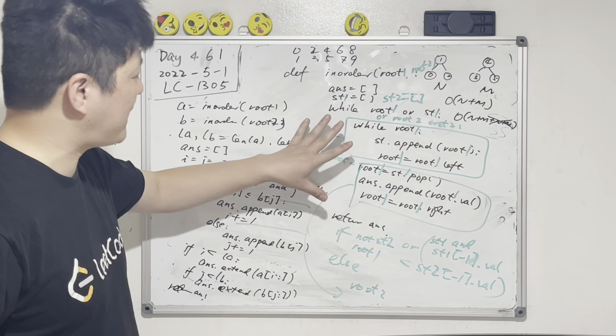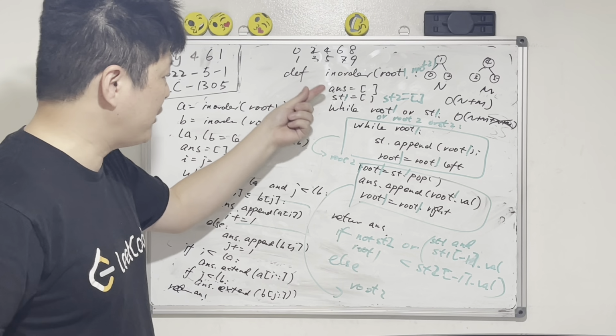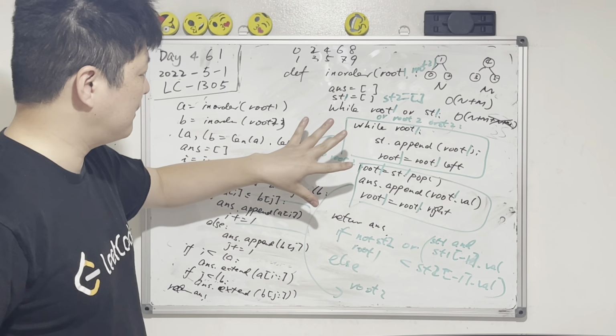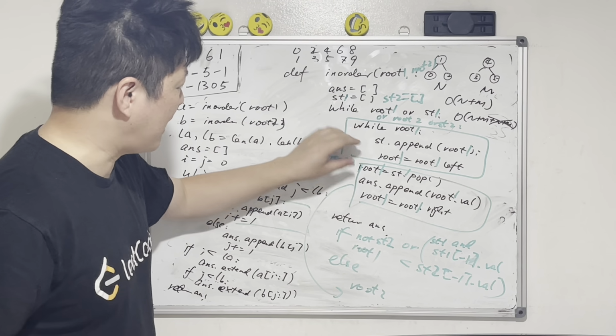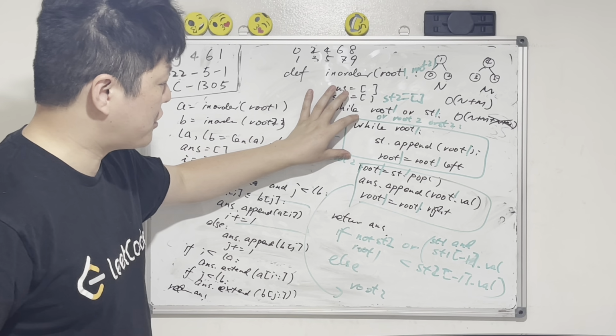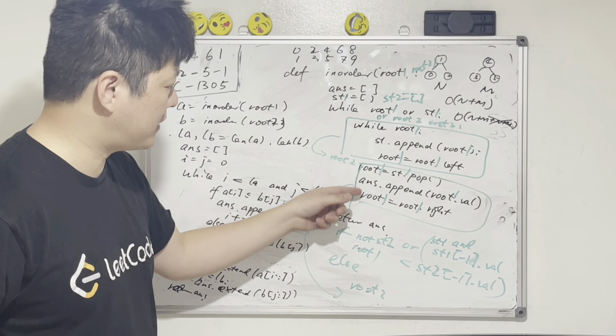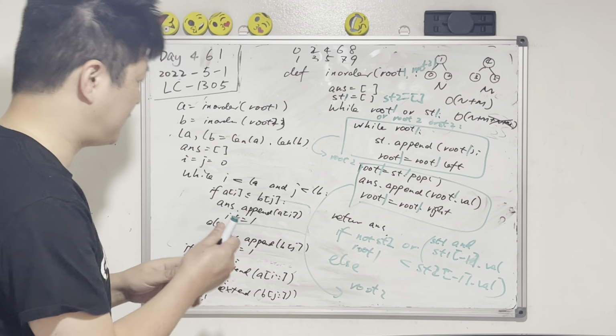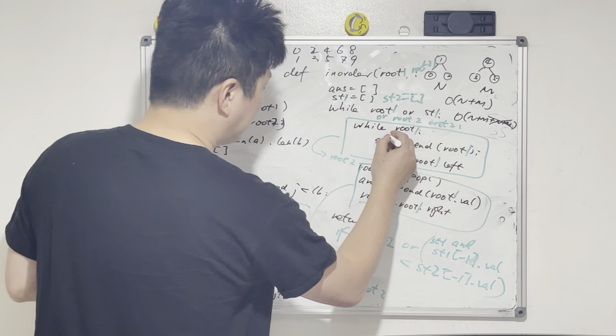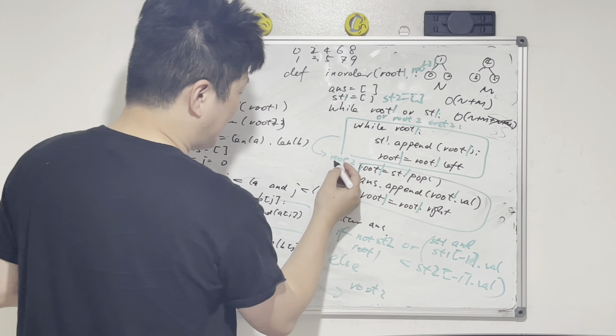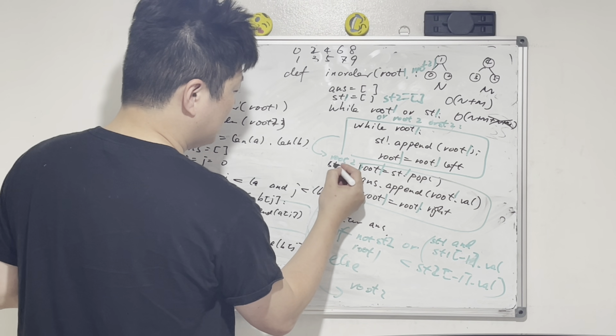So we are combining two iterative in orders in one single function. Every time we push the left node to each stack, st1 and st2. Then we have another one for st2, which is root2.